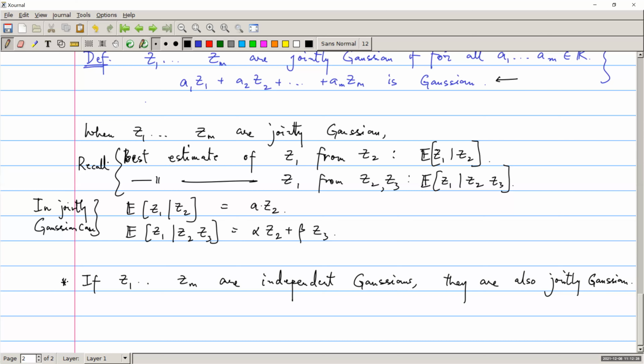Even when z1 through zm are dependent, they could be jointly Gaussian, and that is precisely the case we are most interested in, because then you can estimate one random variable from another meaningfully, and your estimators there are guaranteed to be linear. We will just stop here.